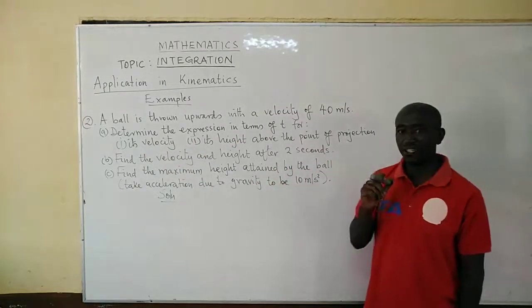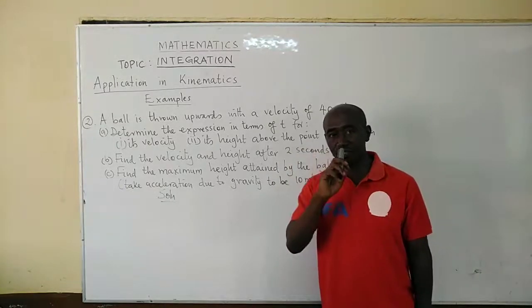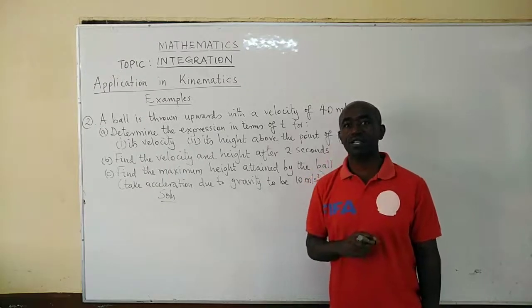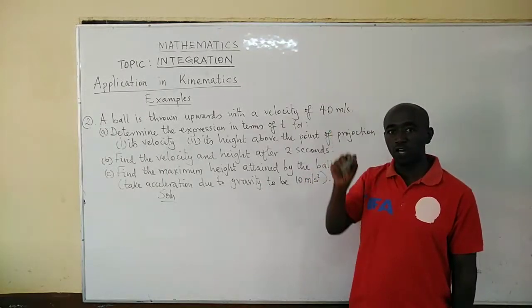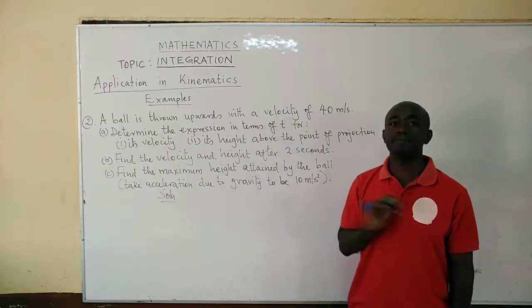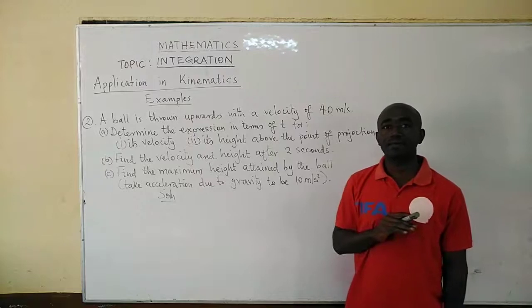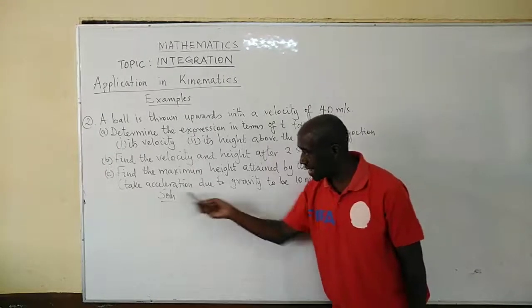What is the acceleration? For a body which is thrown upwards, acceleration is a constant. You should know that. Any body which is thrown upwards or a body which is falling freely, its acceleration is a constant. And that constant is the one which is given here.